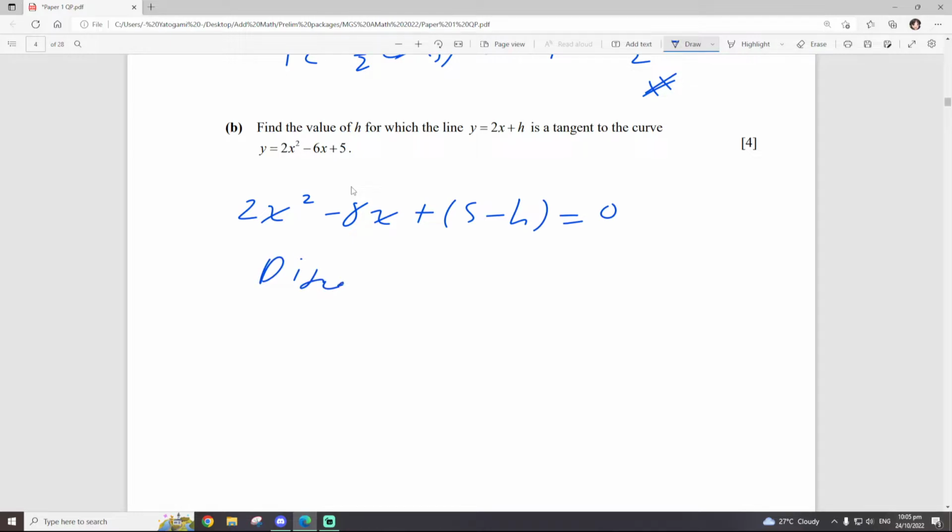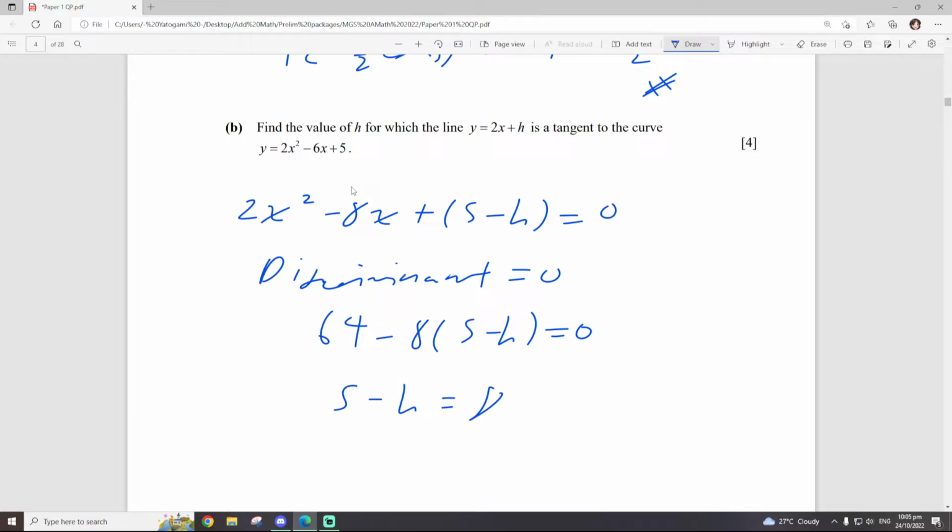Discriminant will be equal to 0. In other words, 64 minus 8 times (5 minus h) is equal to 0. So you can see 5 minus h must be equal to 8. So h is negative 3. Cool.